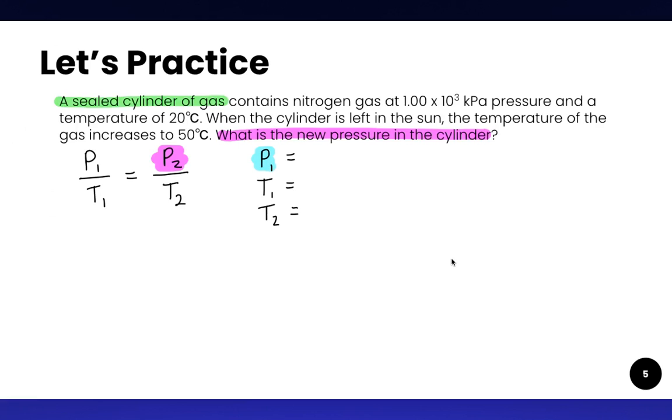The initial pressure is 1.00 times 10 to the third power of kilopascals. The initial temperature is 20 degrees Celsius.